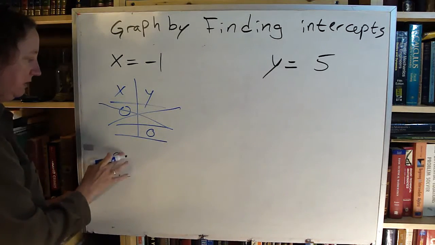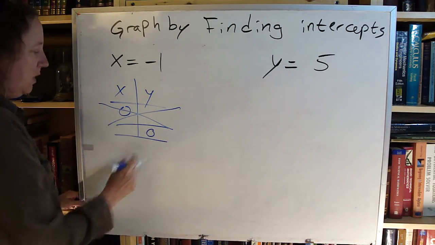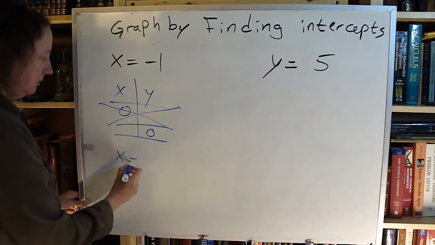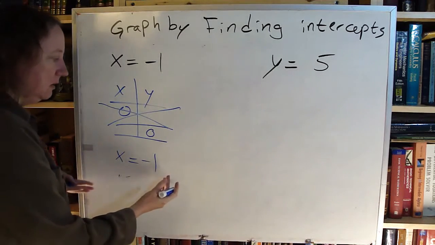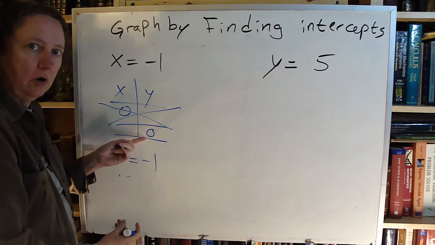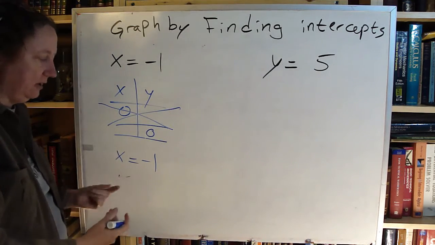Now, going to the other one. X is negative 1. If y is 0, I have nowhere in here to put the 0. I just have that x is negative 1.